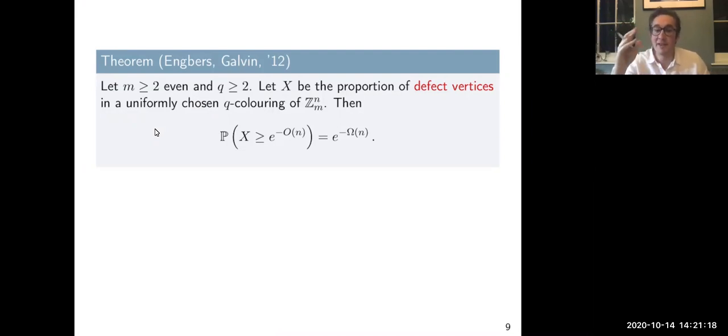So here I'm letting x be the fraction of the total number of vertices. Then the probability that x is bigger than e to the minus something is exponentially small. So with exponentially high probability, I have an exponentially small number of defect vertices.